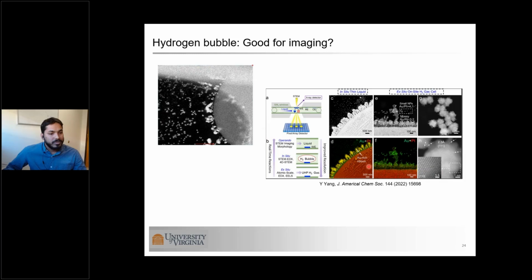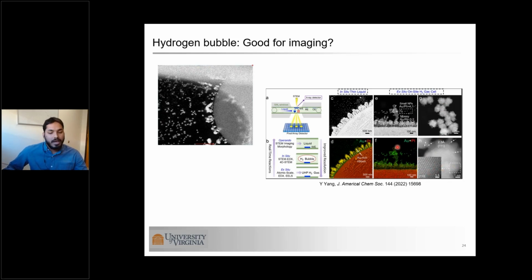And this is what you see in this work, where researchers from Cornell have two different conditions. One where they generated the bubble and they could get a really good image, and the second case where they are flowing the hydrogen gas, fully dewetting the cell, and could get a really atomic resolution.